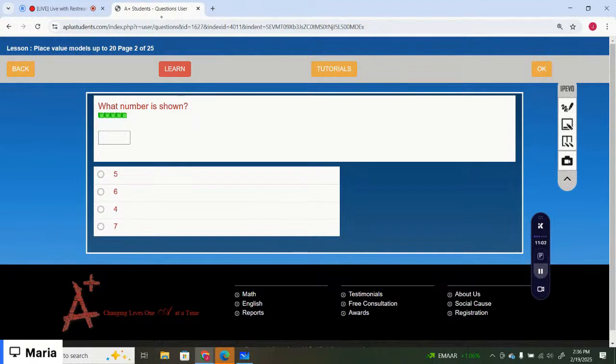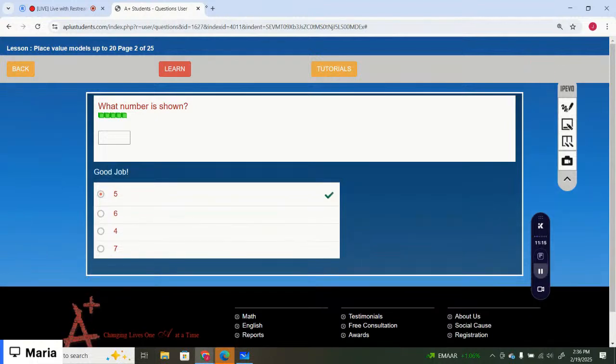What number is shown? That is 5. Option number 1 is the correct option.